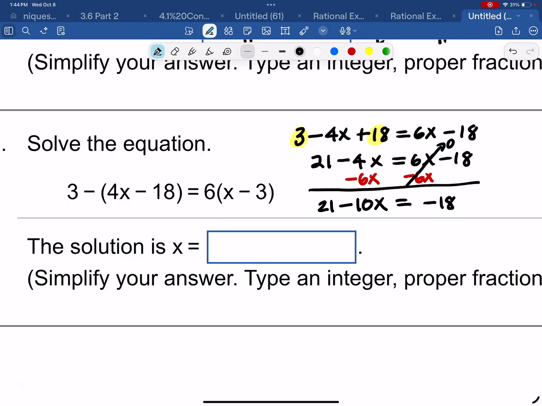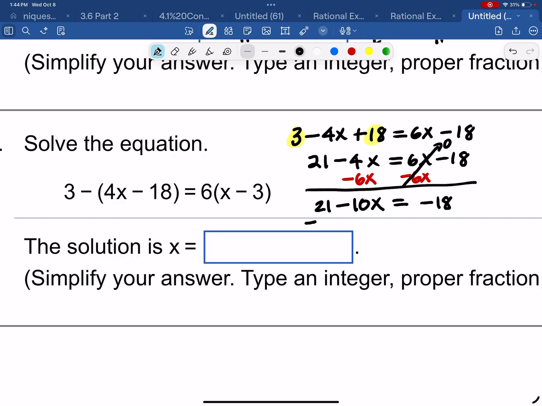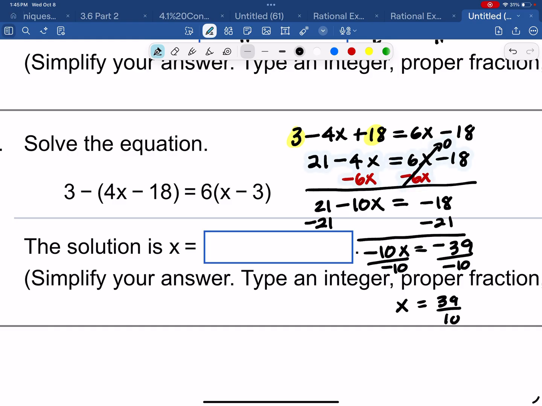I've got the variable on the left, so this 21's got to be a minus 21 on both sides. I get a negative 10x equals a negative 39. Same signs, add and keep the sign. And last step, always divide by the coefficient. So we get x equals negative divided by negative is a 39 over 10.